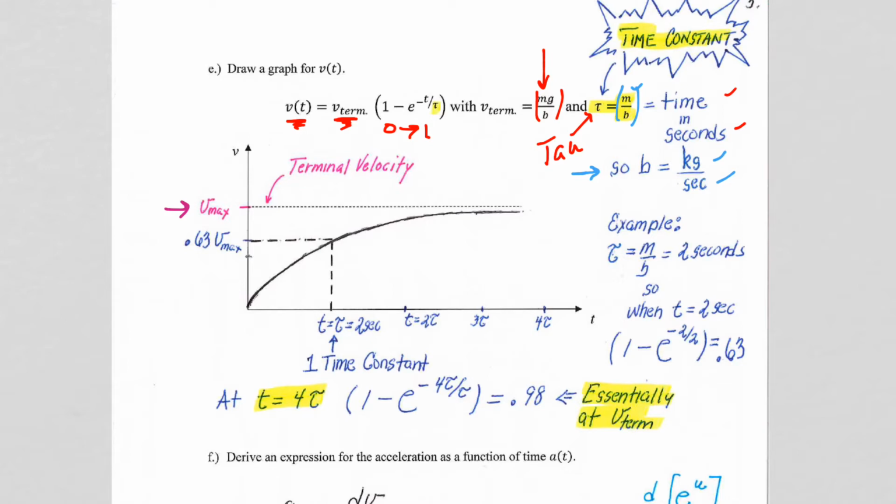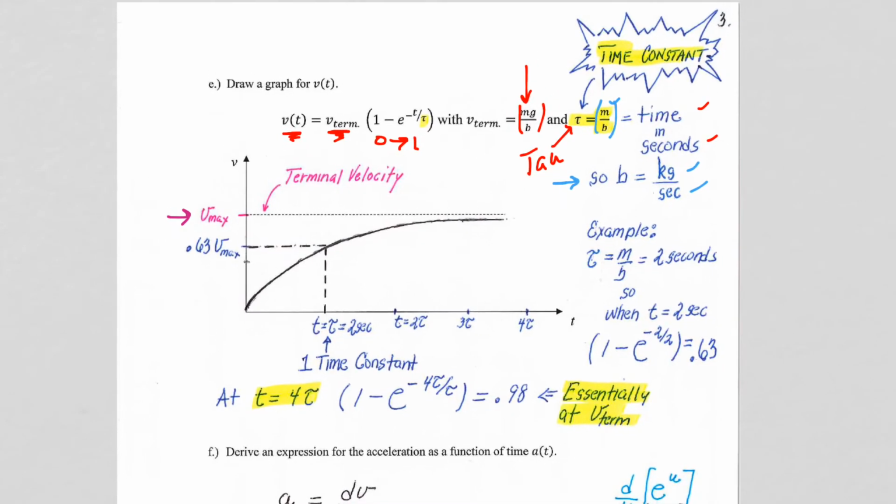Now, to understand what a time constant is, you want to think of it as an actual time, and that's why I put in here this example time constant of 2 seconds. So let's say you were given the mass of the cat in kilograms. We were told the proportionality constant for the drag force B, and when we did that division, we got 2 seconds. Well, what's the meaning of tau being 2 seconds?